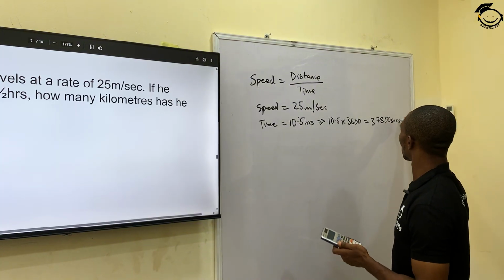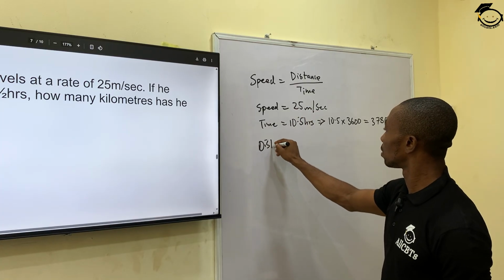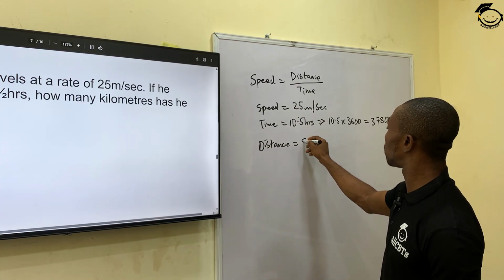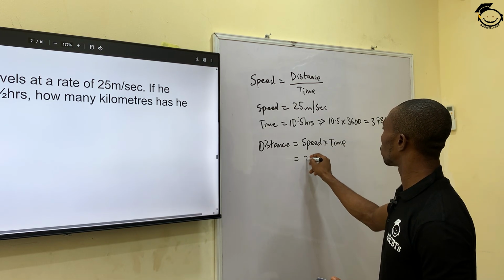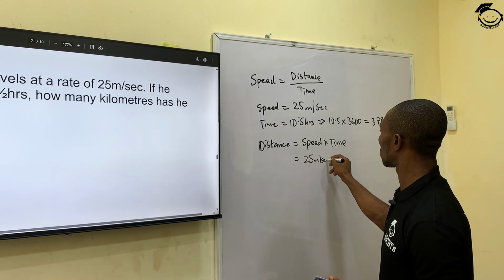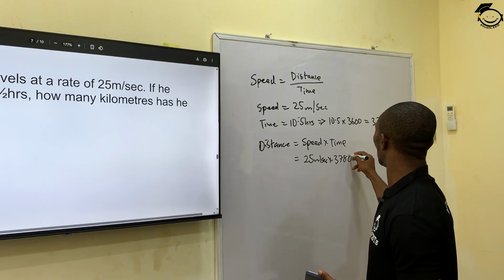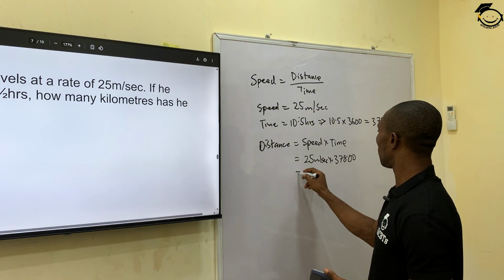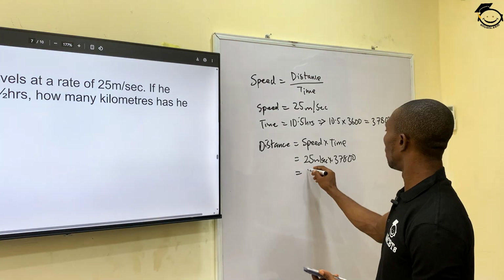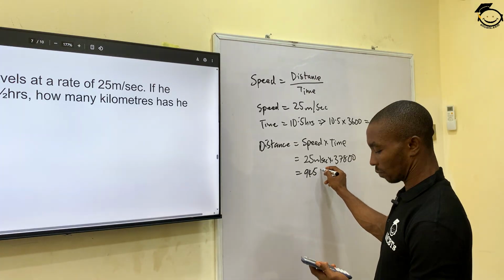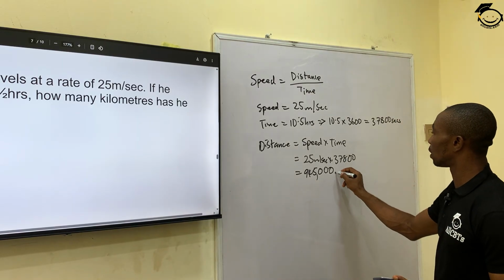37,800 seconds. Okay, now, since distance equals speed times time, this is going to be 25 meters per second times 37,800, which will now give us 945,000 meters.